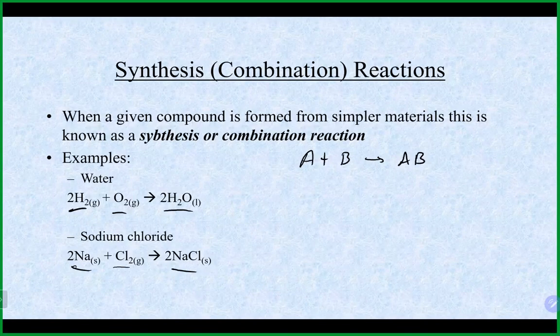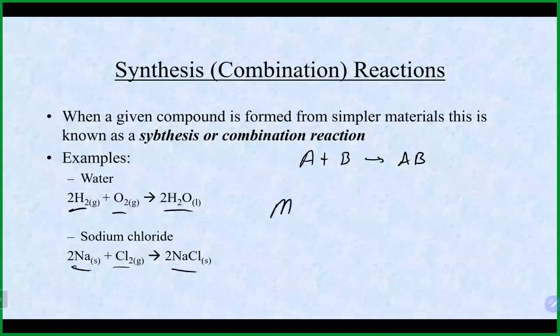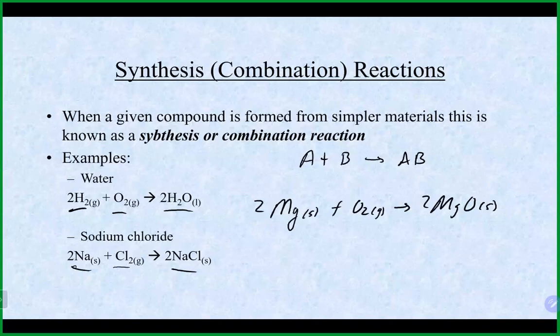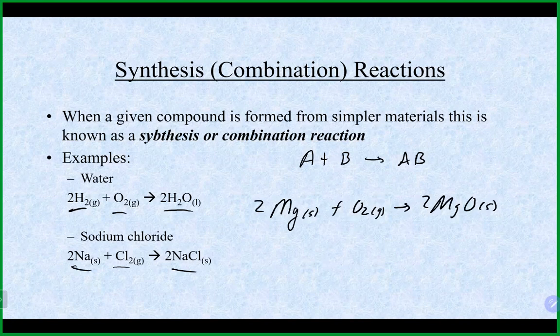Now, if we take a look at that reaction we were just talking about with the magnesium plus the oxygen, making magnesium oxide, you could classify this reaction three different ways. That is two things that make one thing. That is a combination or synthesis.